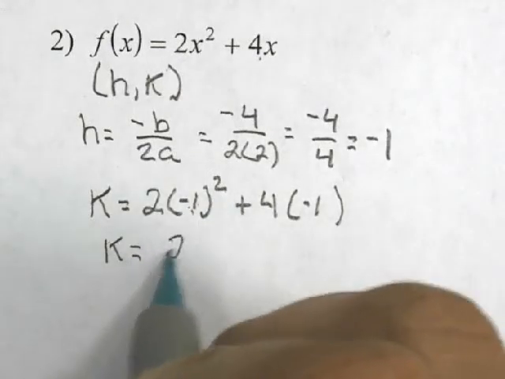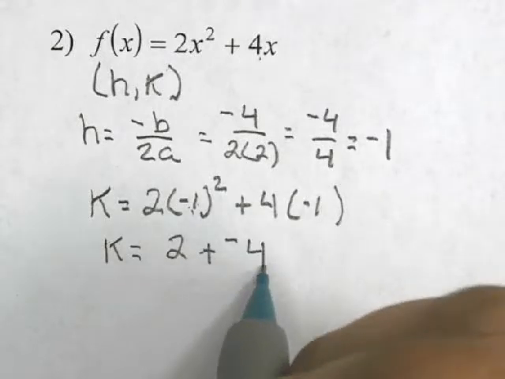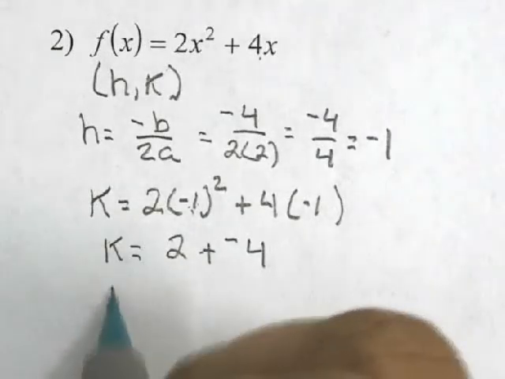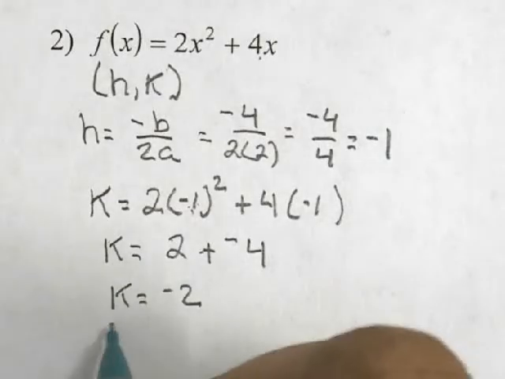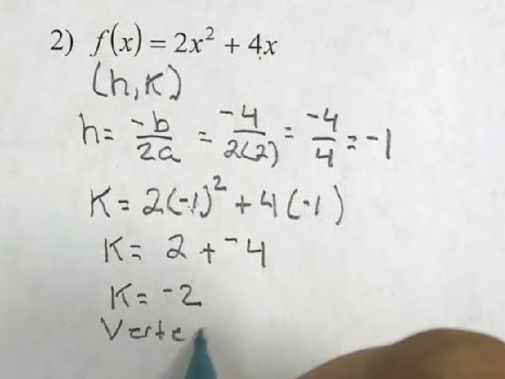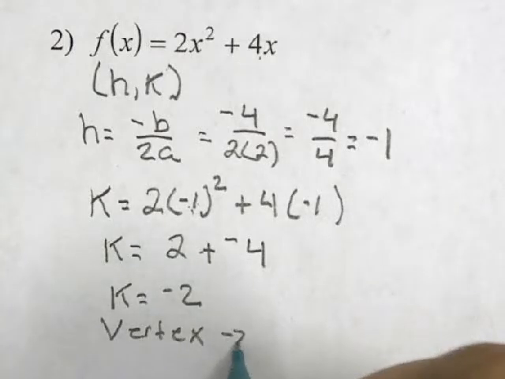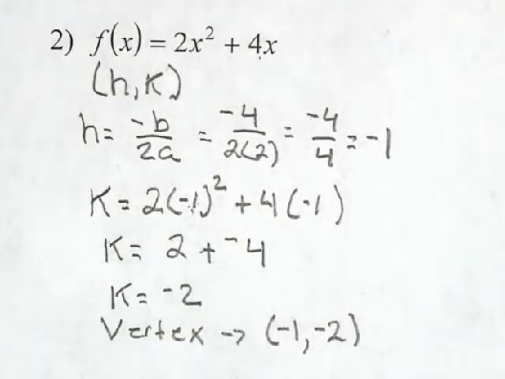So it's just going to be 2 plus negative 4. So k is equal to negative 2. So the vertex is at negative 1, negative 2.